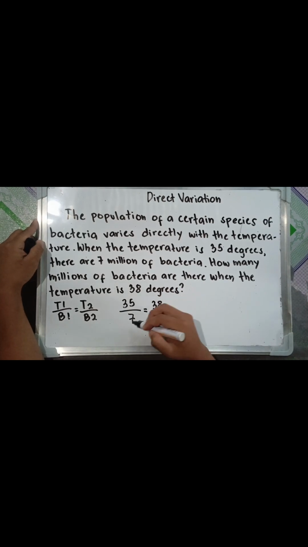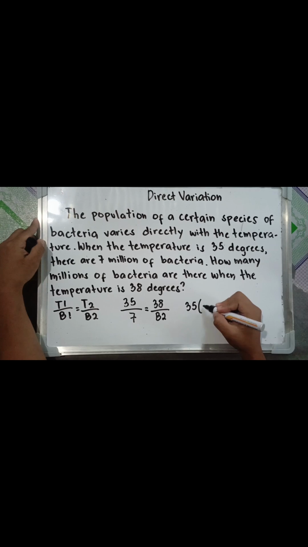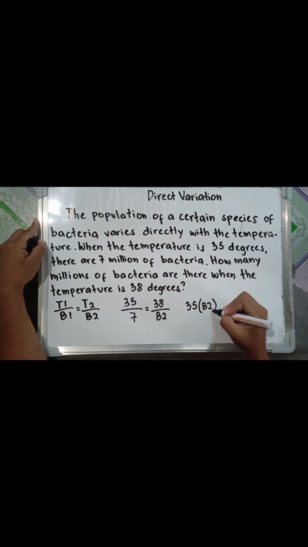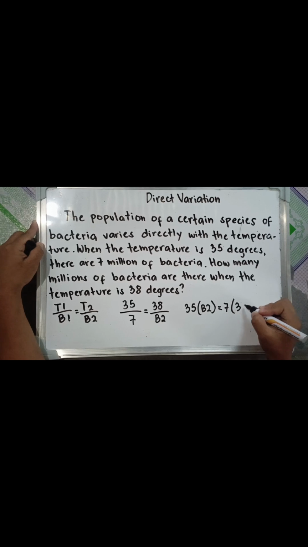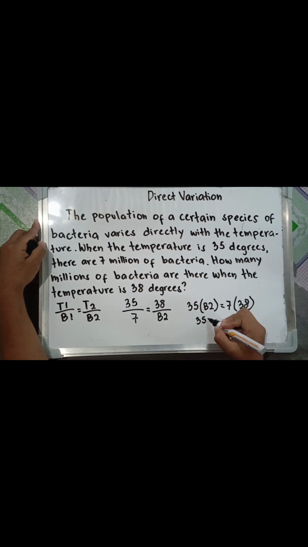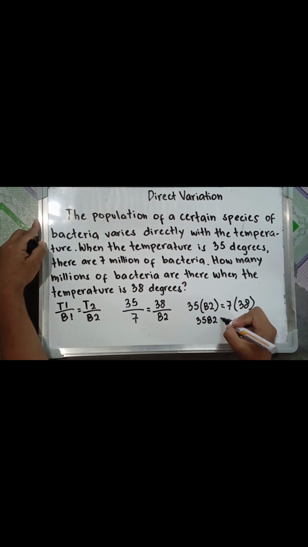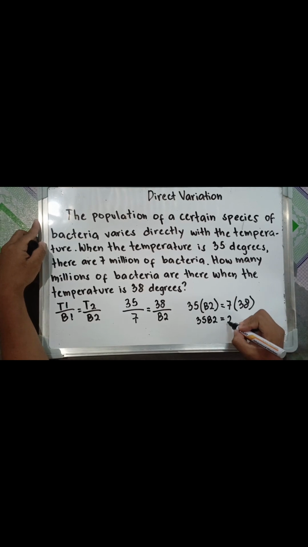Then we cross multiply. 35 B2 equals 7 times 38. If you multiply, 35 B2 and 7 times 38, which is 266.